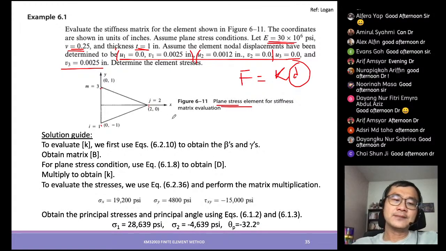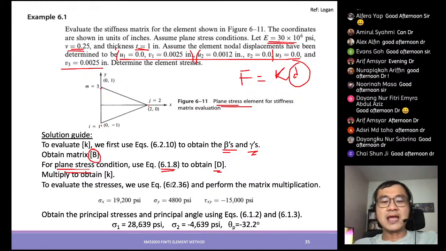So the solution would be, you may want to evaluate the beta and gamma, right? So 2.6.10. Once you get that, then you may obtain the B, the gradient matrix. Once you get the gradient matrix, now for the plane stress conditions, apply the proper constitutive matrix D, and then you multiply accordingly to obtain the K, right?